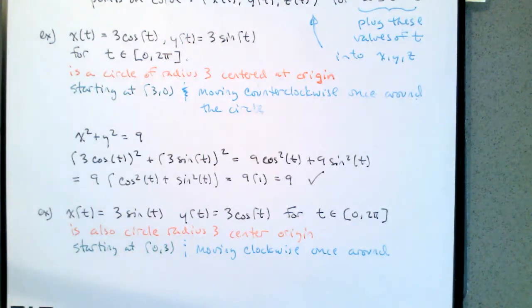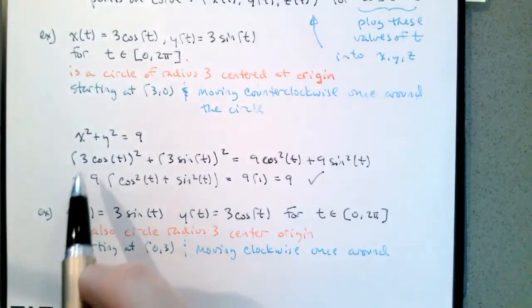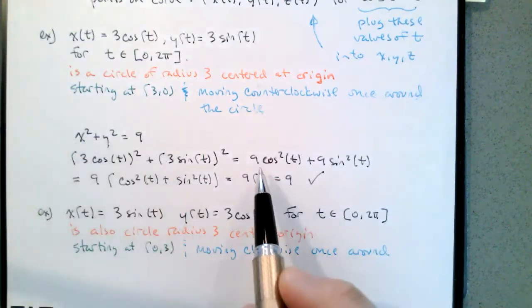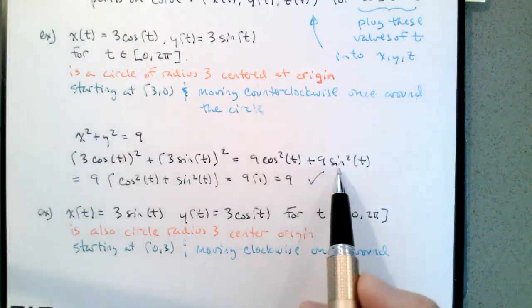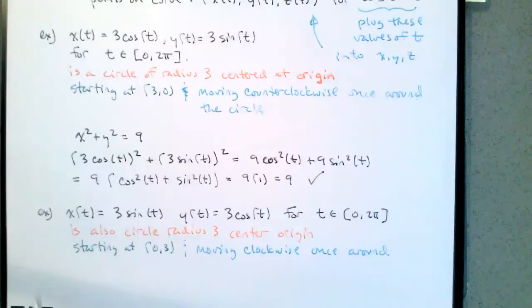We can also notice that this was 3 sine t and 3 cosine t. The coefficients of both of those were the same. And that's where, when we plugged into x squared plus y squared equals 9, I had a 9 cosine squared plus 9 sine squared, and I was able to factor out a 9 and get cosine squared plus sine squared, which was equal to 1.